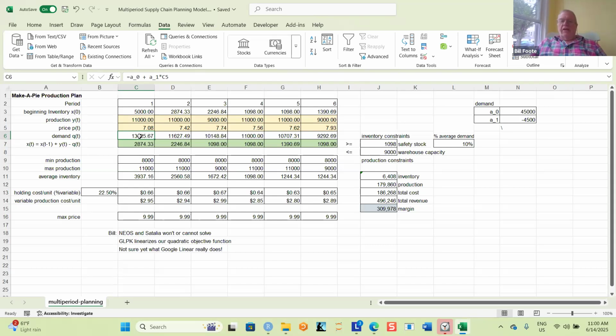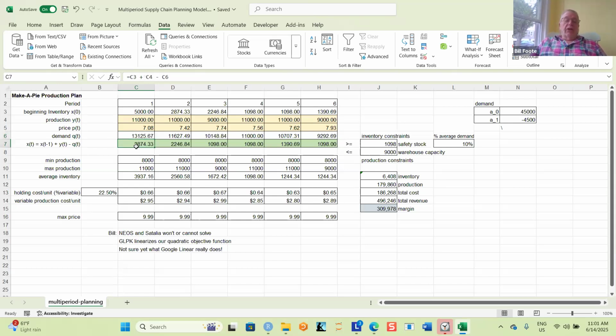Now, what is fed into this number? C5, the price. Now, the price and the production are the things we're actually solving for. So, in a sense, we're solving for demand. The demand is dependent upon price, and price is simultaneously solved for, as in a simultaneous equation, with production. That's what makes this a really interesting model.